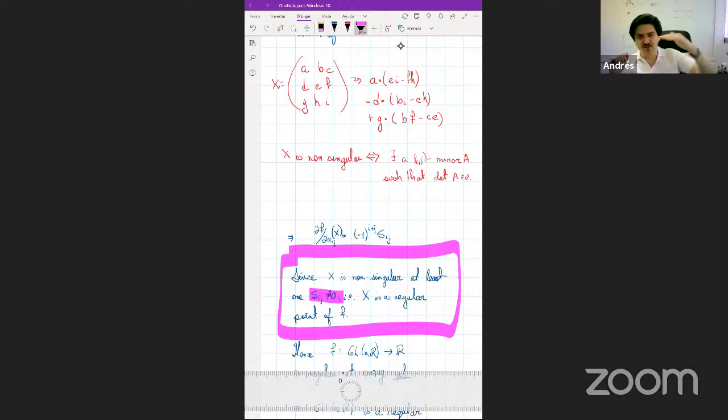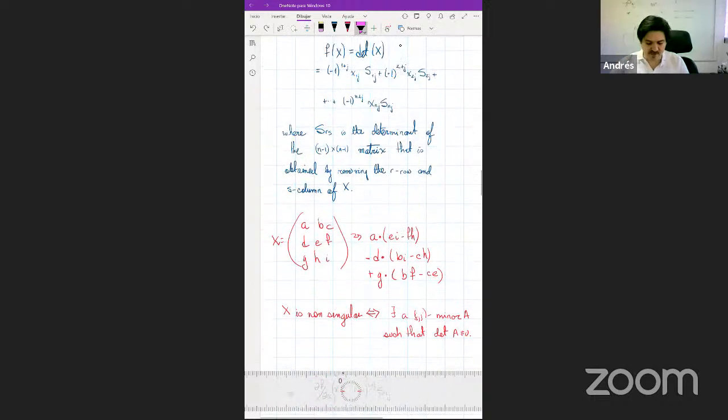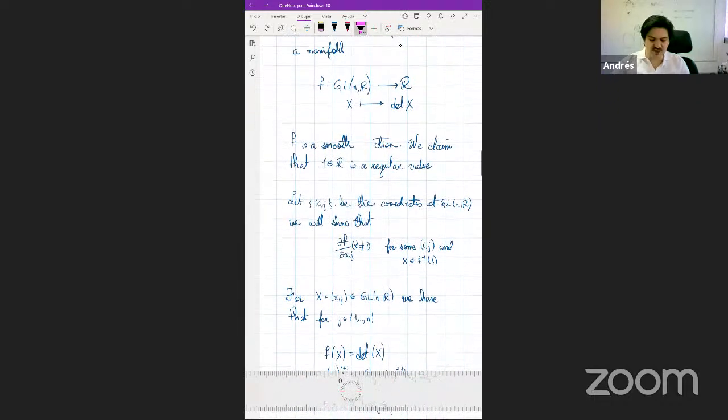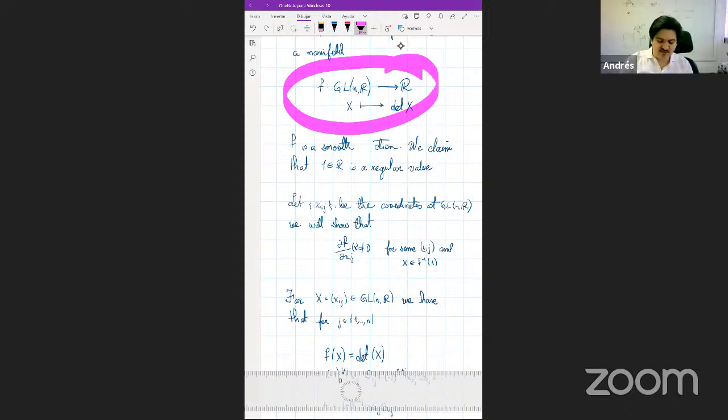It has to be 1 to be on the level set, but I don't use that. I only use the fact that the matrix is non-singular. So in other words, I'm showing that every point is a regular point for this function, the determinant, the phi on GLn. Every point here is a regular point.